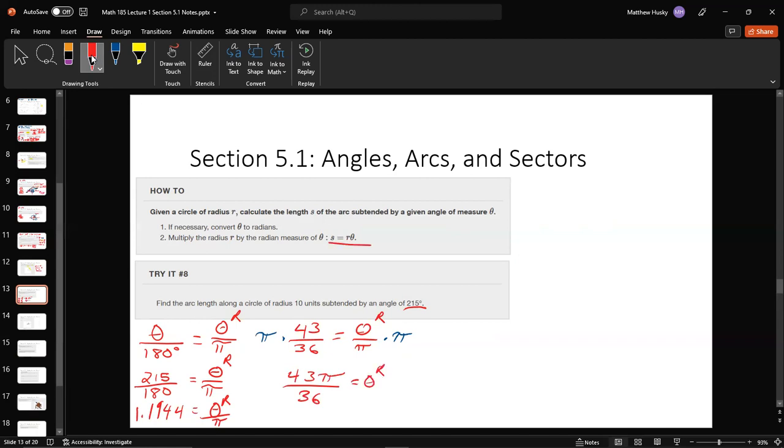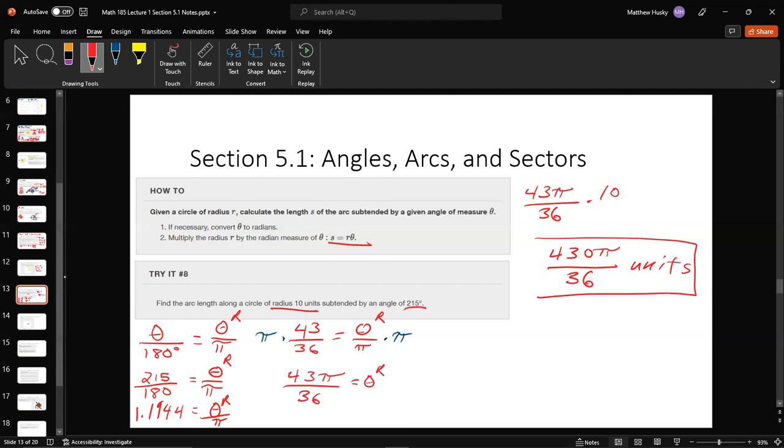So then take that angle, multiply it by the radius, which is 10. 43 pi over 36 times 10 is going to give you 430 pi over 36. They don't tell us just how many units, so we can't say that's inches or feet or anything. So we'll just say it's that many units.